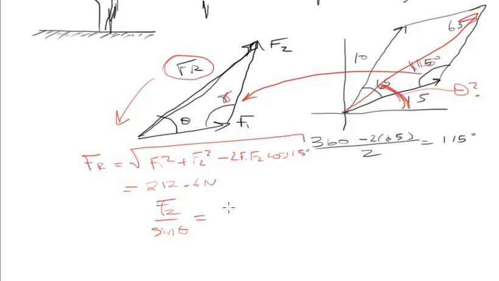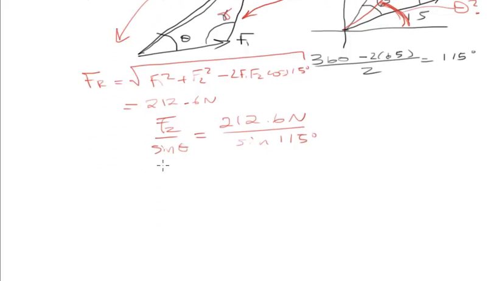So then we can say that F2 over sine theta is equal to 212.6 newtons over the sine of 115 degrees. So then all we have to do is solve for theta.